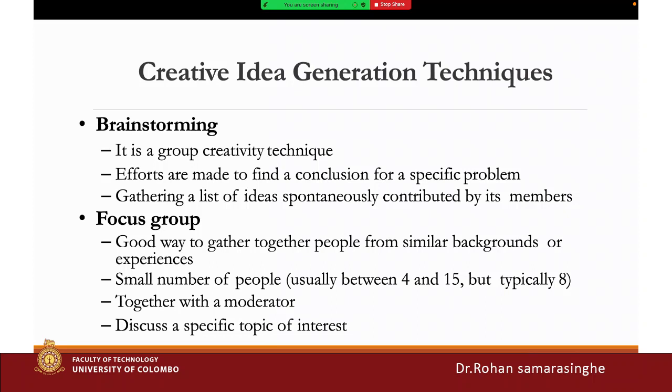And a focus group is a good way to gather together people from similar background or experience. So when you select the members for the brainstorming session, you have to gather people from similar background or experience. A small number of people, usually 4 to 5, maximum 15, typically 8 is better. Together with a moderator, someone must conduct the brainstorming session and discuss the specific topic of interest.